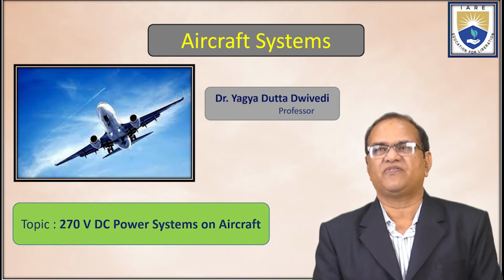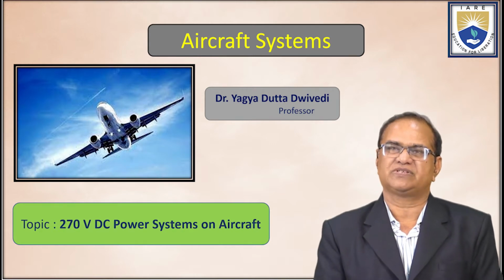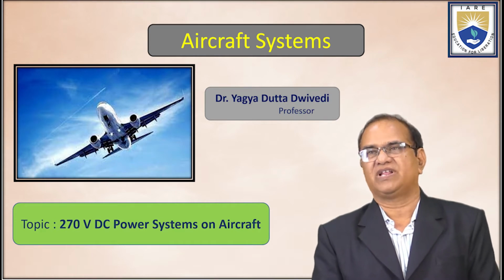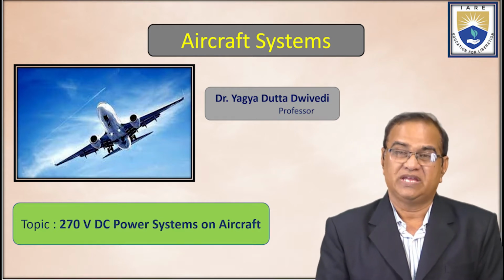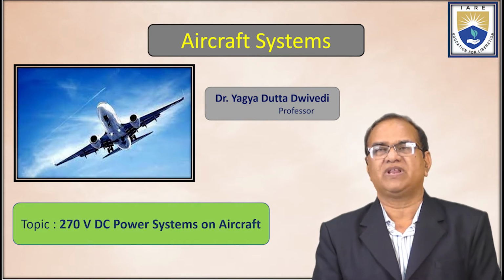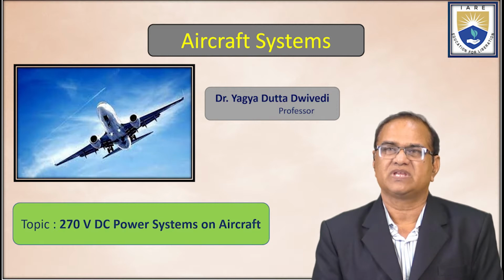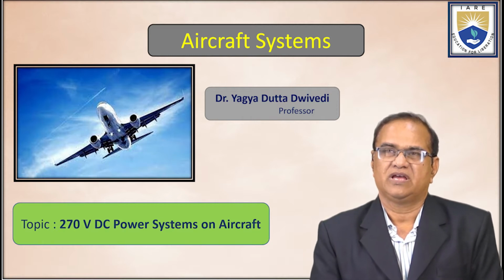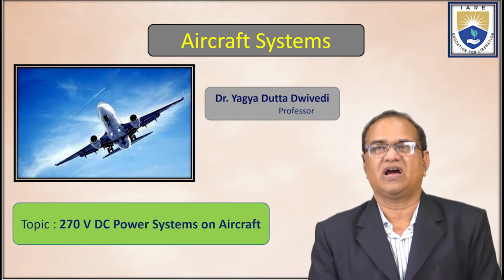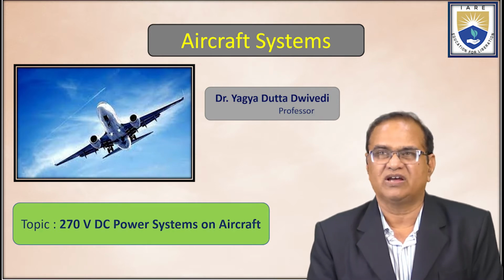I have given a brief idea of all these systems, and all details of these systems are covered in the coming modules. In this module 2, I am now covering the electrical system, and after that I will go for air conditioning, then firefighting and all other systems.